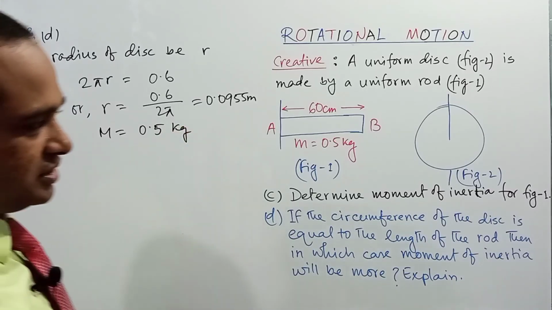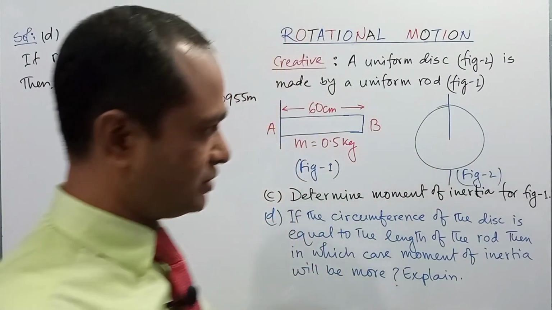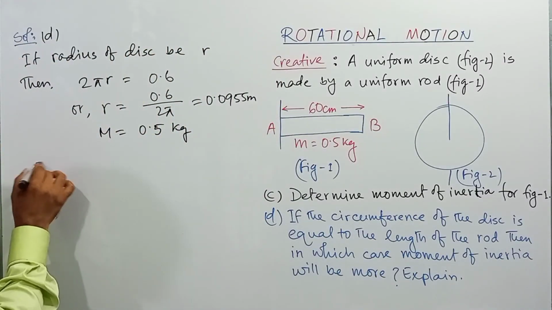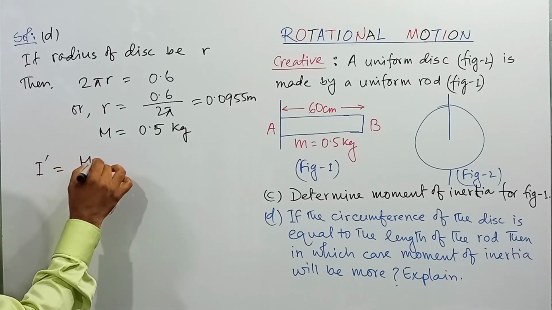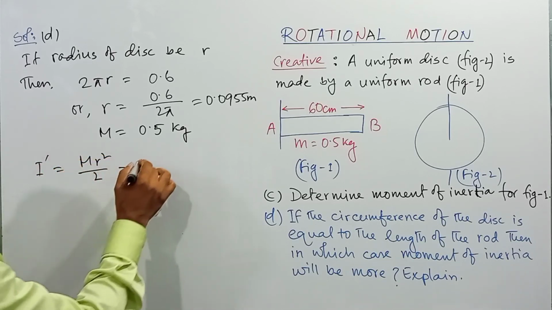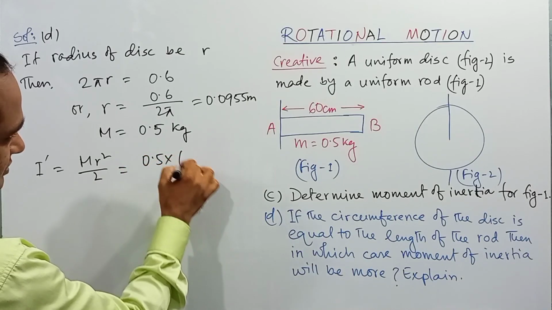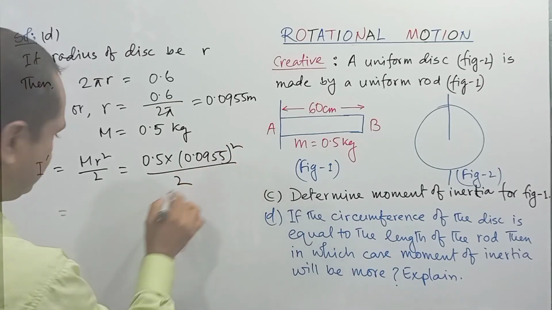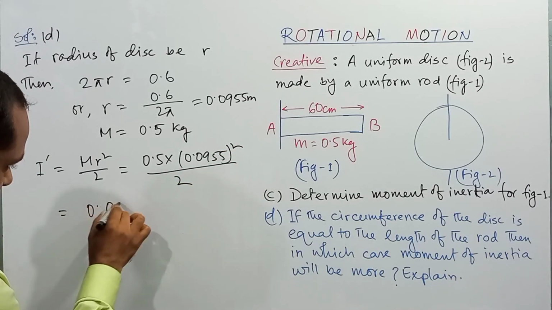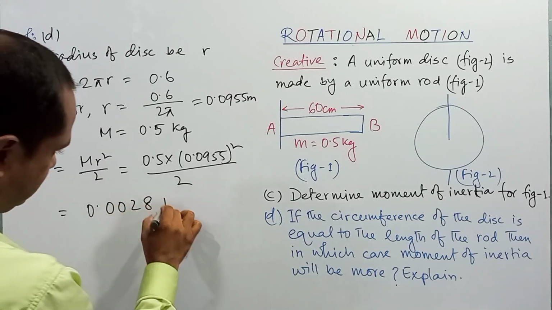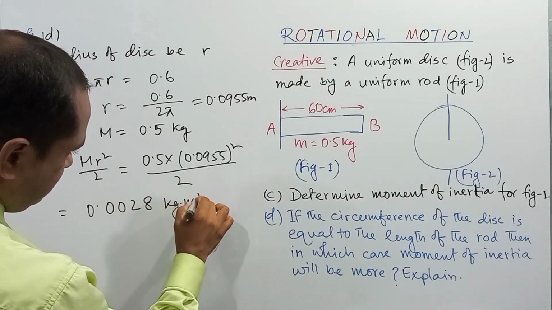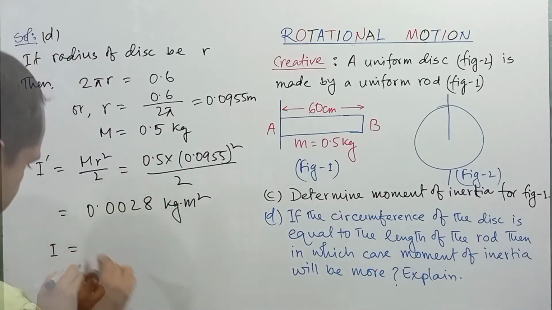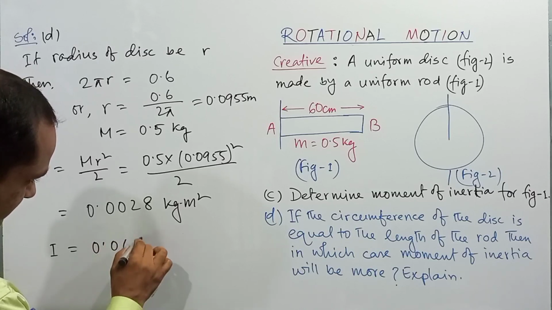Therefore the moment of inertia in figure 2, that is the moment of inertia of the disc with respect to the axis passing through the center, if denoted by I prime, then it will be M r square divided by 2. Here M is 0.5, r square means 0.0955 square, divided by 2, and it is 0.0028 kg meter square. But in case of the rod, it was I is equal to 0.06 kg meter square.